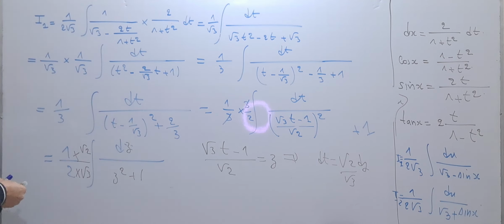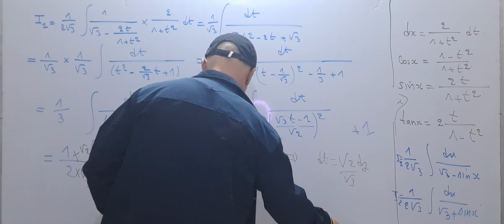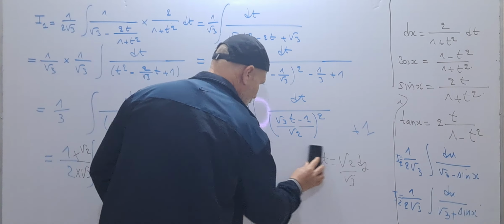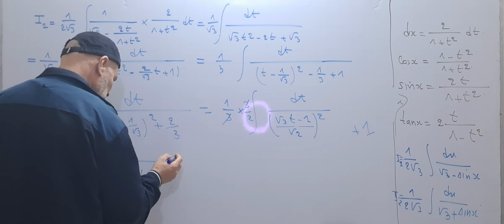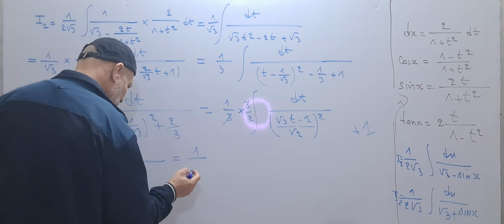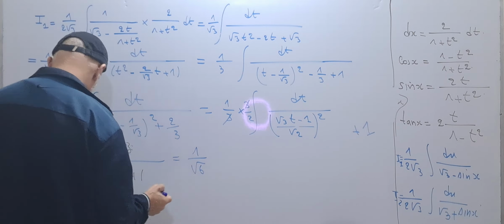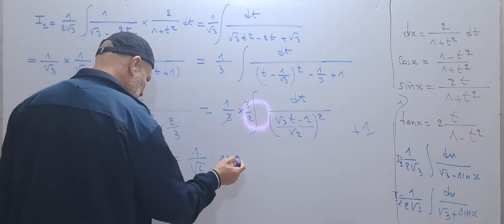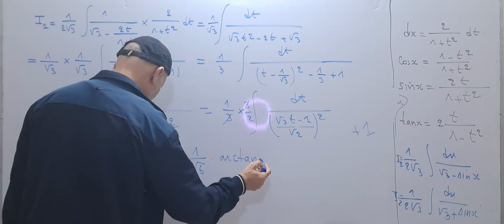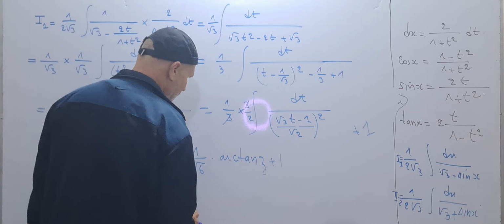which gives us 1 over the square root of 6, arc tangent z plus a constant.